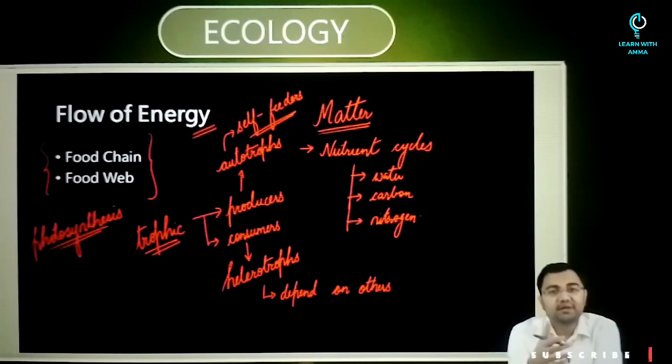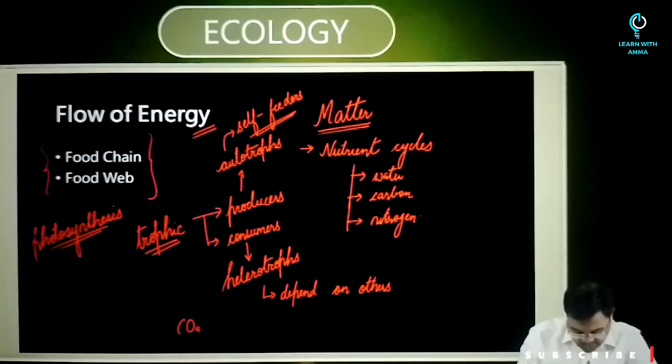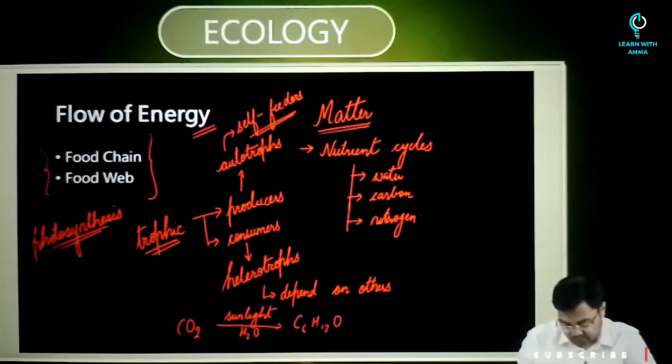So there are hundreds of chemical changes that take place during photosynthesis, but overall, if I have to summarize how photosynthesis happens, basically carbon dioxide in the presence of sunlight and water will produce glucose and oxygen.